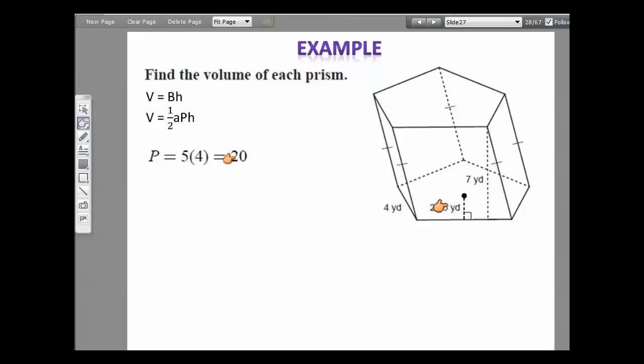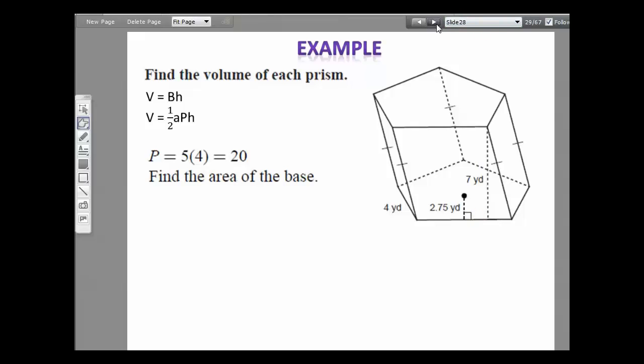And if you look right here, I've told you this is the apothem, and it measures 2.75 yards. So we're going to plug that 20 in for the capital P, the 2.75 in for the a. This is an oblique prism, but the height is going to be 7, because you always go by the height of the prism, not the slant height.